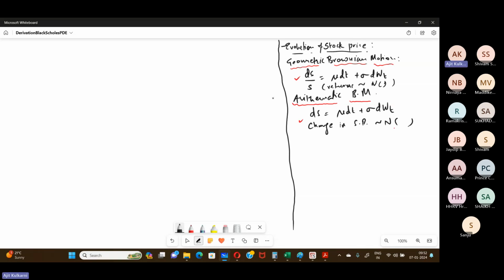And in turn, when you integrate it and do all of that, you will see that log of S is normally distributed. That is why S is log normally distributed.